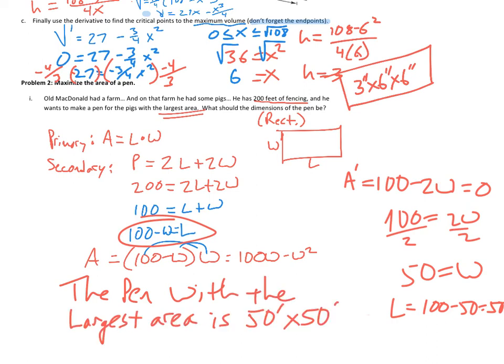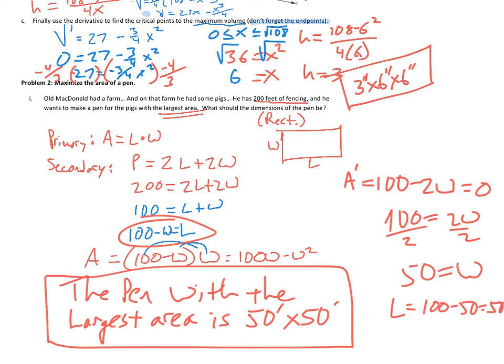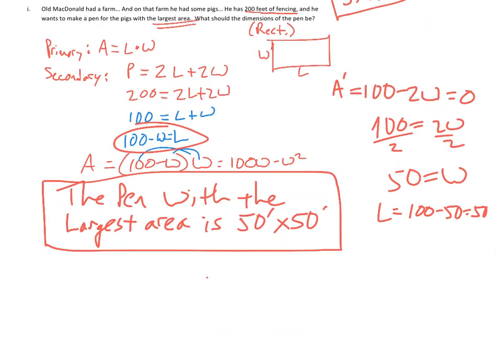Okay, so the largest area will be given by 50 by 50, and that gives us 200 feet of fencing. Okay, now, then that's going to give us an area of 50 squared, which is 2,500 square feet. That's the largest area.